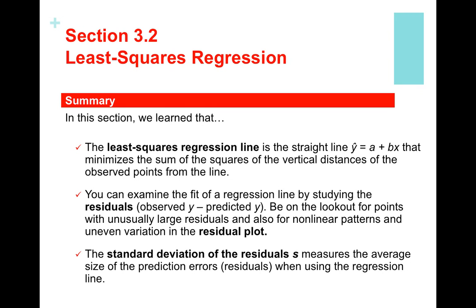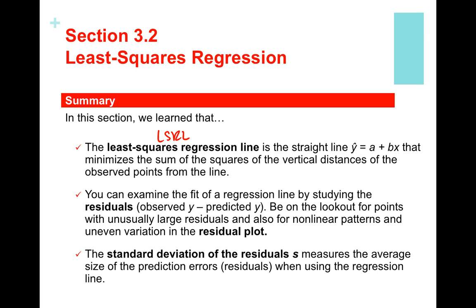Again, our least squares regression line, or LSRL, is called that because it is minimizing the sum of the squares of those vertical distances between y and y hat. And those vertical distances are our residuals. We can also make a residual plot. So when you're looking at a residual plot, remember that you're looking for just a random scatter.